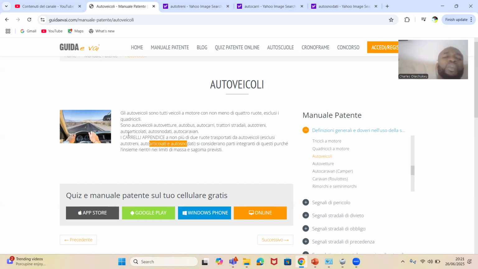Watch. Why did they consider carrelli appendice very differently? They said, si considerano parti integranti di questi. They are considered inbuilt, integrated with the vehicle. Di questi perché insieme rientrano nei limiti di massa e sagoma previsti. What do you mean by massa? Massa means weight. Sagoma means the build, the way they build it, the bigness of the vehicle.